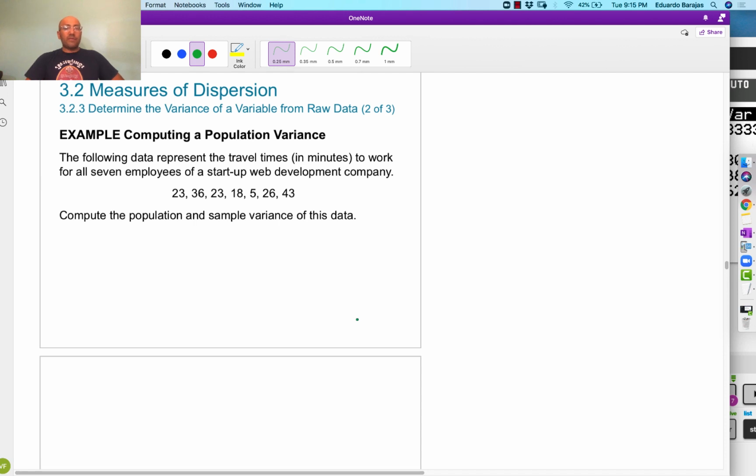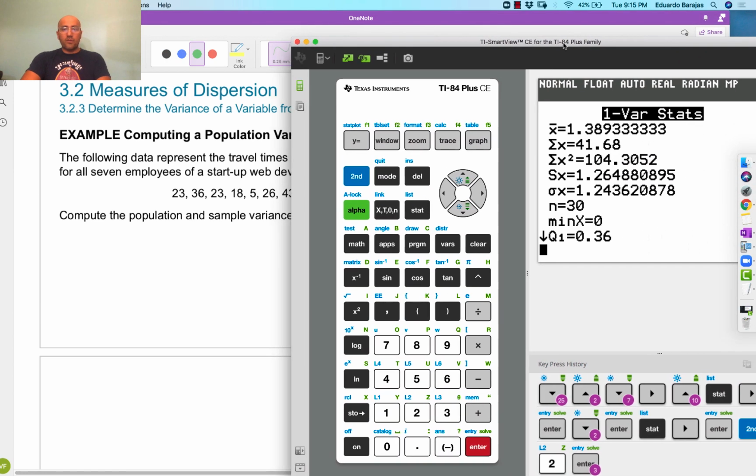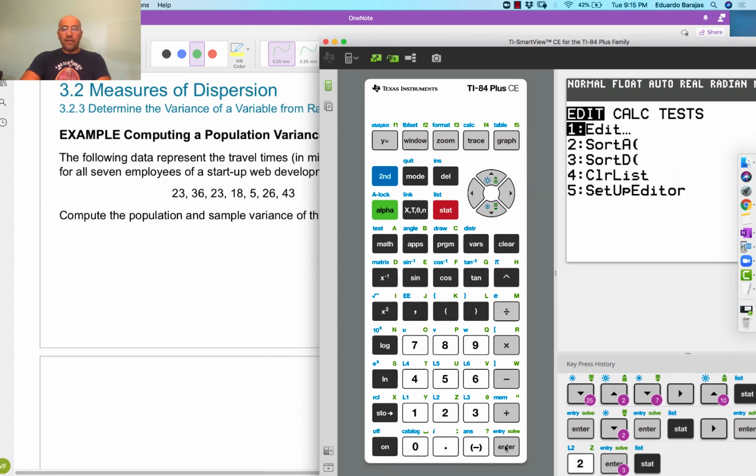The following data represents the travel time. So we're back to the travel times of the 7 employees. Compute the population and sample variances of this data. Okay, well, we've already done this stuff by hand, so let's go back to using our calculator. So let's go back to stat, edit.